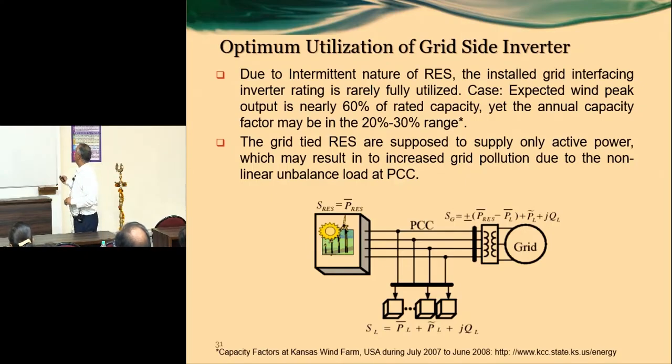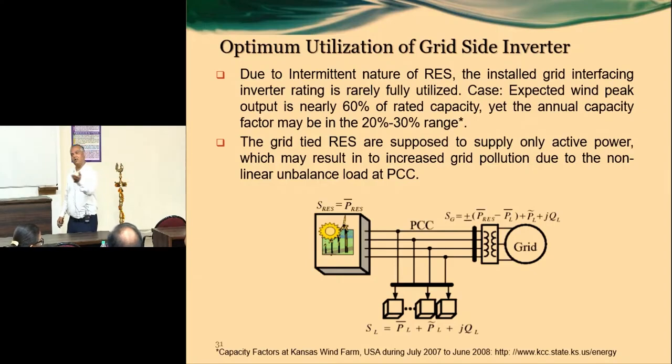So if I know the grid condition and the load condition at the point of common coupling, I can keep in mind the non-linear or reactive power demand. If I can compensate the non-linear load demand of the load at PCC and its harmonic and reactive power demand, then only the exchange of active power will take place with the grid.